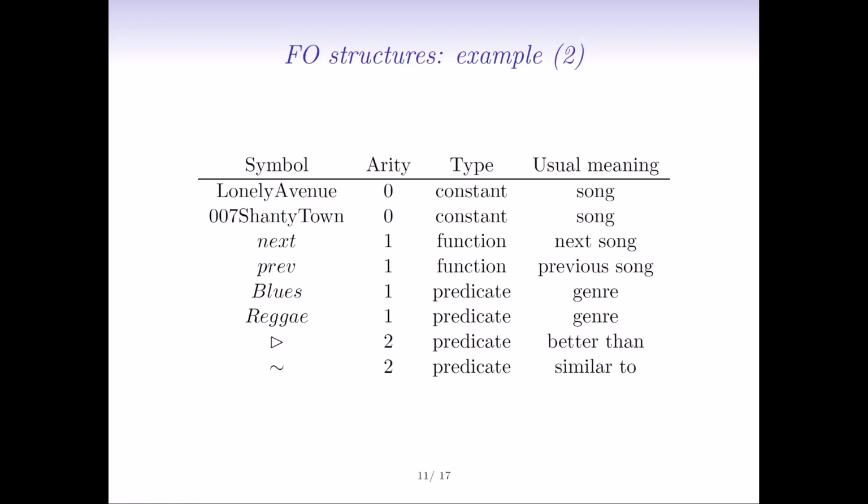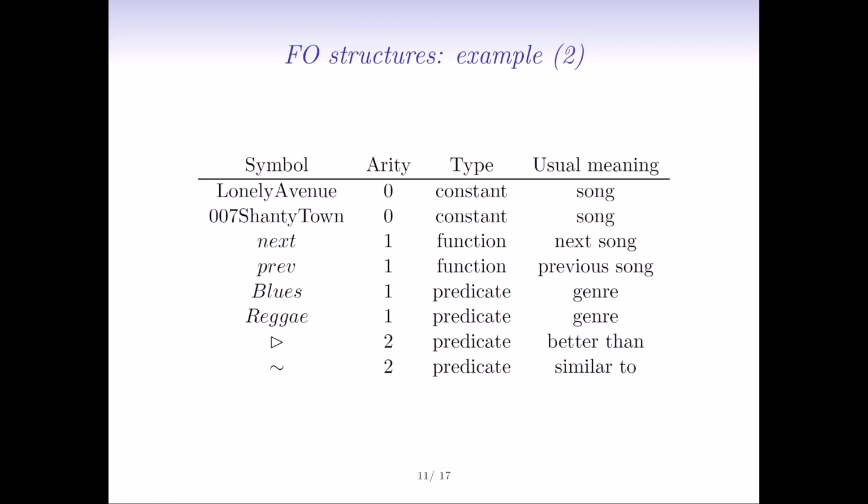I've got some predicates that represent genres, so I might have blues, reggae, pop, and so on. And I've got some binary predicates for comparing songs. So this triangle is a binary predicate, and it's supposed to mean something like one song is better than another. And this tilde is supposed to mean that one song is kind of similar to another.